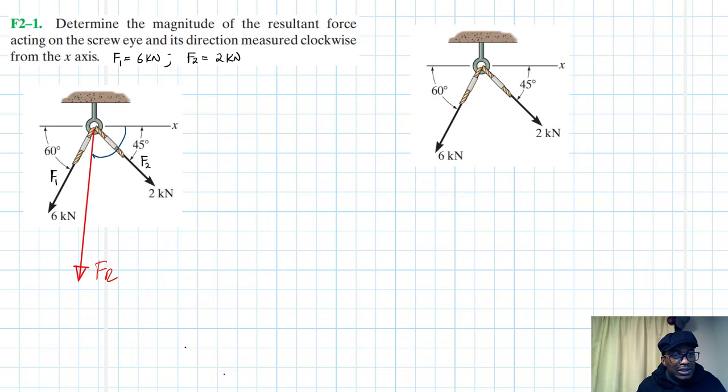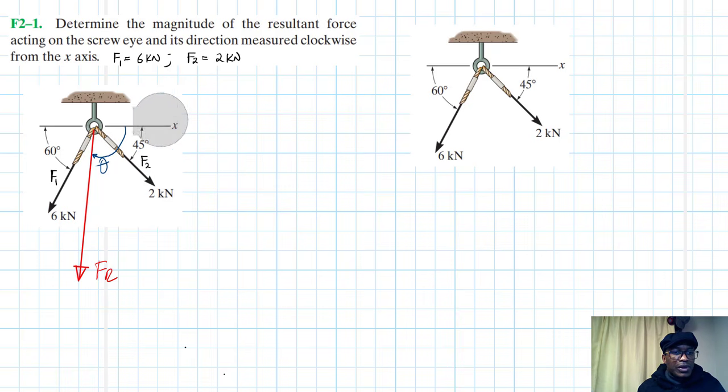These are the two quantities that we want to find. We want to find the resultant. We want to find the direction.